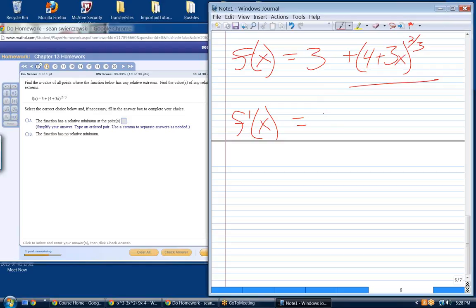The chain rule is, the way you want to think about it, the derivative of the outside times the derivative of the inside. When I take the derivative of the outside, I take the exponent, multiply what's inside, subtract 1 from the exponent, and now multiply the whole thing by the derivative of the inside, which is 3.